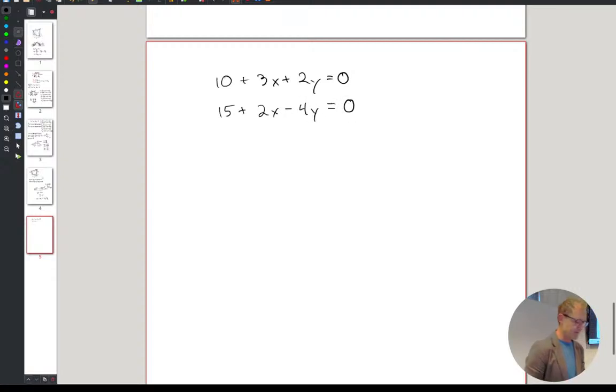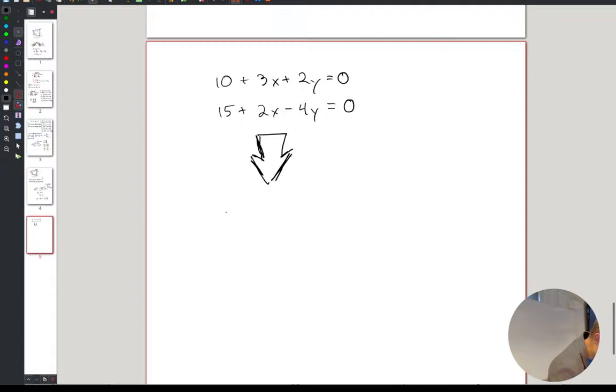So if I have 10 plus 3x plus 2y equals 0, and 15 plus 2x minus 4y equals 0, that's 2 equations, 2 unknowns, and I can split this up into a linear algebra problem. So I take my magic arrow and apply some magic.